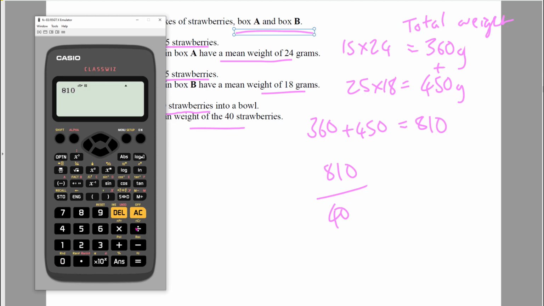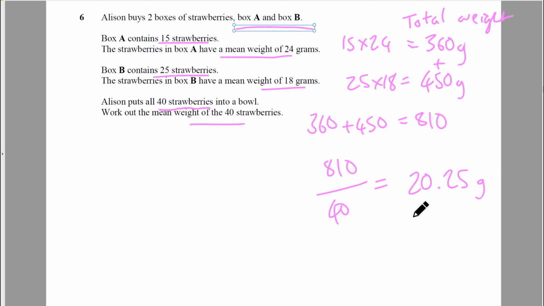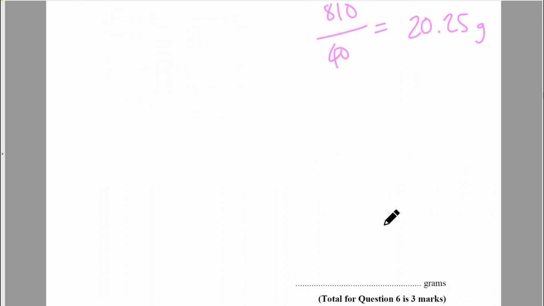And these numbers, you can work them out mentally. So this could appear on a non-calc. That's 20.25. And that is easily doable. That's easy 3 marks in your pocket again.